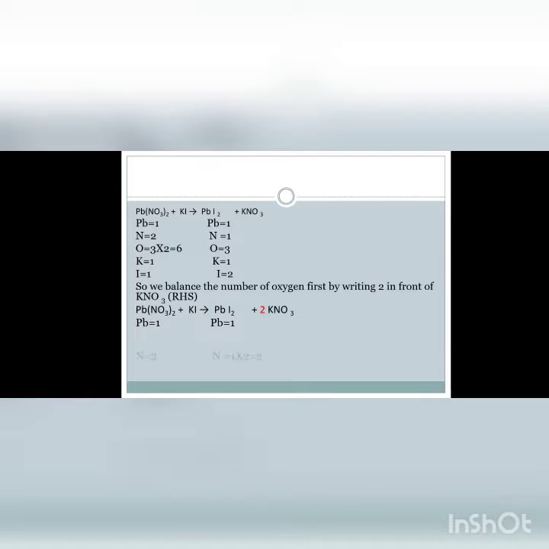Then we will again balance the number of lead, nitrogen, oxygen, potassium and iodine. We can see that lead, nitrogen and oxygen all are the same on both left hand side and right hand side, but KI remains unbalanced. For this we will have to place 2 in front of potassium iodide.